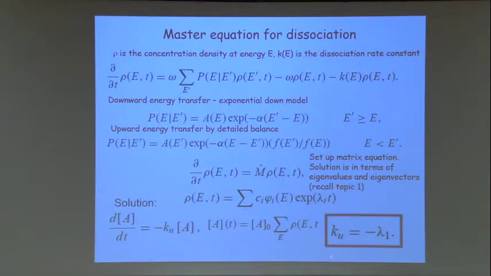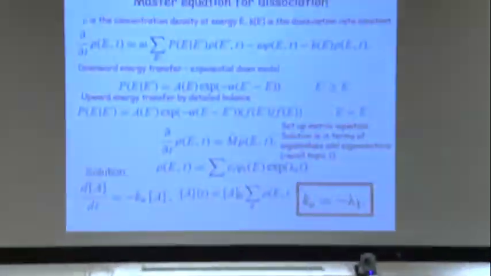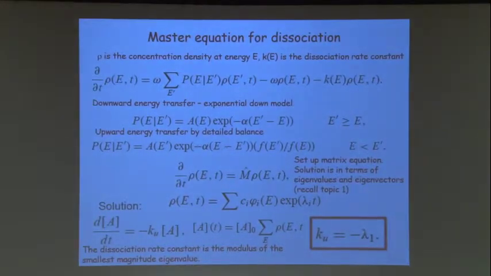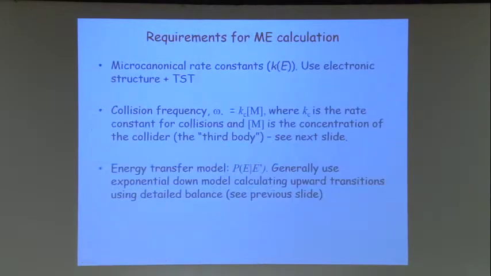And it turns out that Ku, that dissociation rate constant, is equal to minus lambda 1, which is the smallest. All of the eigenvalues are negative. If we take their moduli, the smallest one of those moduli is lambda 1. And that corresponds to the rate constant. So the dissociation rate constant is the modulus of the smallest magnitude eigenvalue.